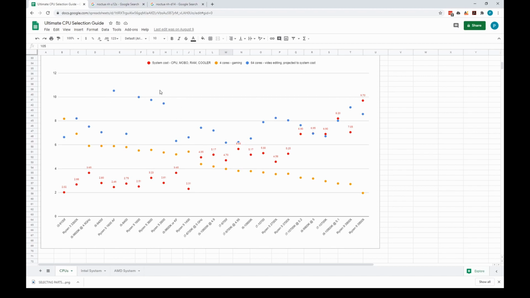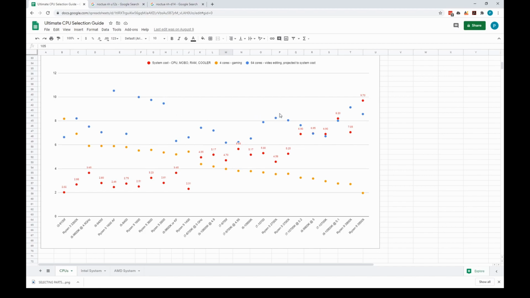So yeah, these 4: the 1600 AF, Ryzen 5 1600, Ryzen 5 3600, and Ryzen 5 2600. These are all 6 cores, 12 threads processors, and they perform pretty nicely considering the price point.